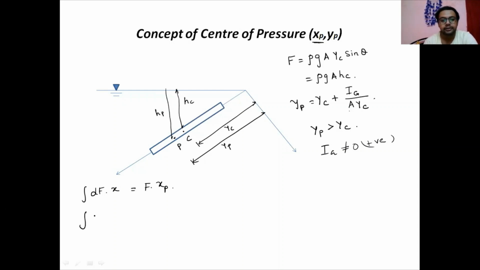Just put the value here. Rho g y sine theta dA times x is equal to rho g y sine theta A times XP. If you see this, rho g sine theta will come out of the integration, so rho g sine theta will be cancelled from both sides.